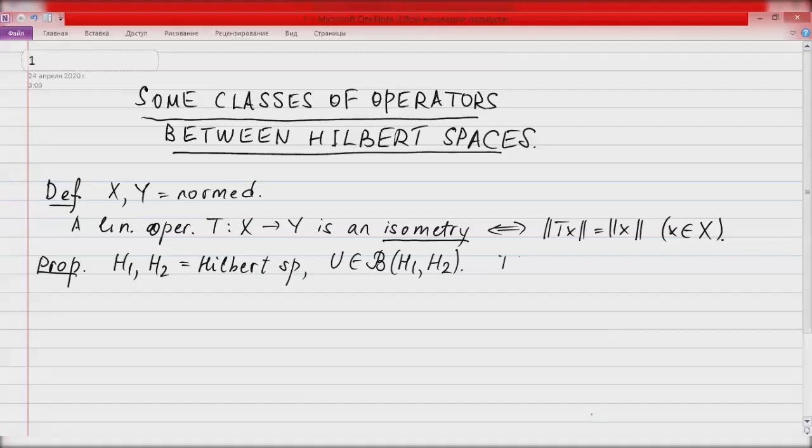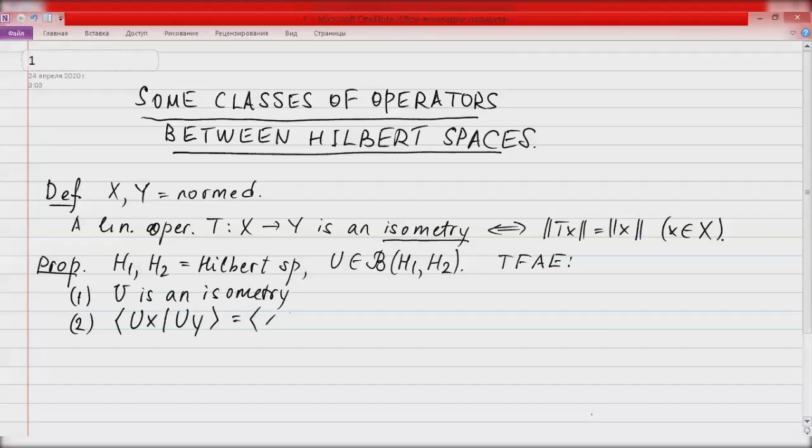Then the following conditions are equivalent. Condition 1, U is an isometry. Condition 2, U preserves the inner product. So the following identity holds.